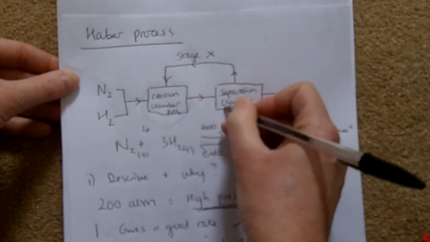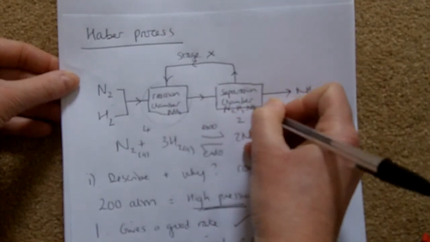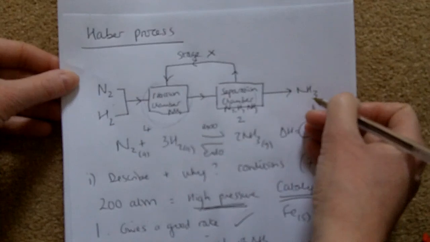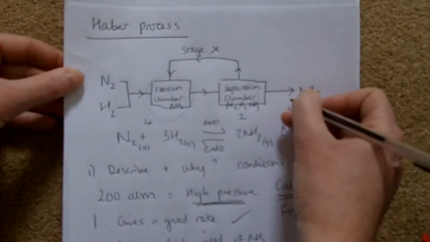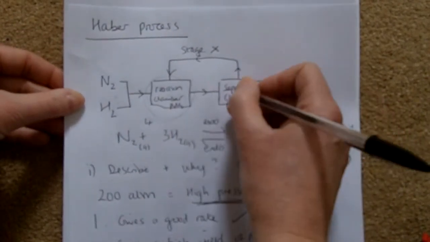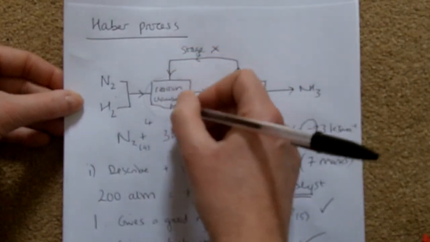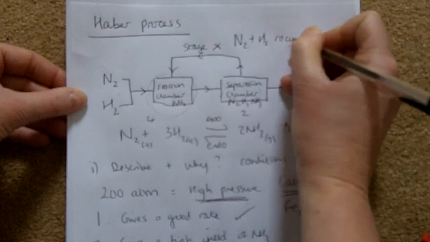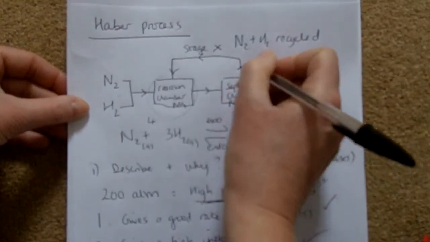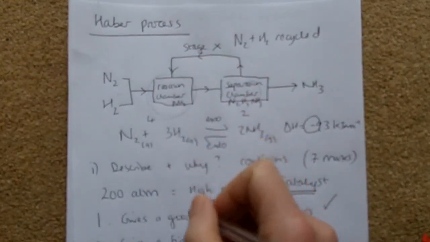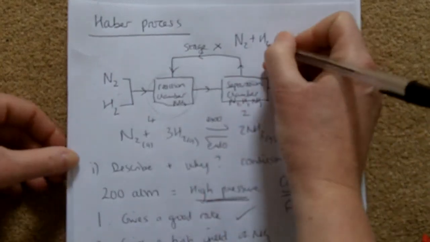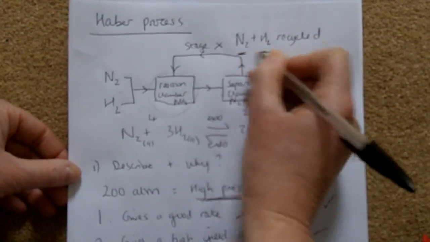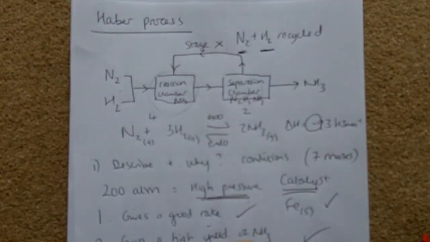Then you've got nitrogen, hydrogen, ammonia in the separation chamber, and ammonia is removed by cooling to below minus 33. Then what happens in stage X? This is where the nitrogen and hydrogen are recycled. There's no point wasting them. We need to bring them back around and use them again, because it's very difficult to get hold of nitrogen and hydrogen, and therefore we need to recycle them.